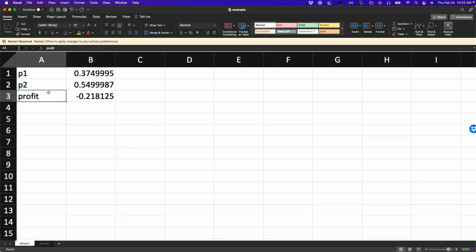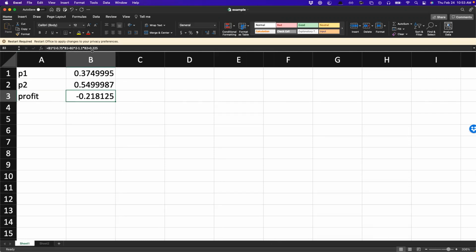These are the three things in our model. And the profit is defined as my objective function, right? So B1, which is P1. So B1 squared minus 0.75 times B1 plus my B2, which is P2 squared minus 1.1.